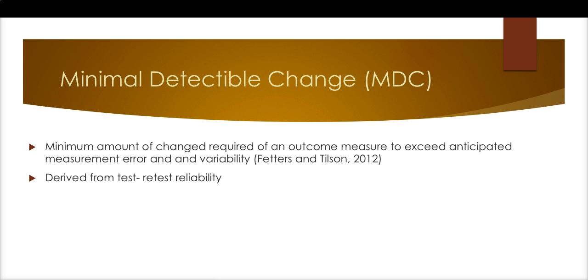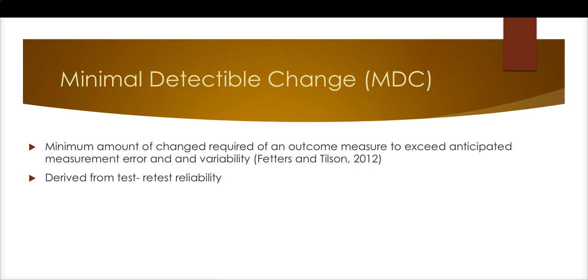So a great example of this is the 6-minute walking test. Let's say you have a patient, and every day for however many days you're recording a score, and you're completing this assessment. You would expect that there should be some change when doing this daily with the same patient.